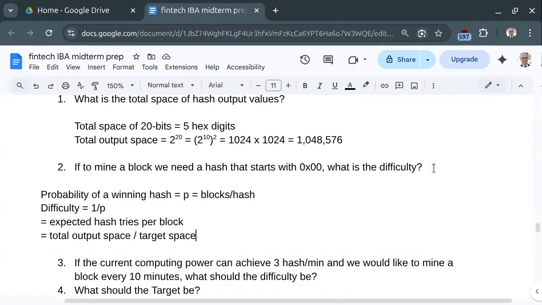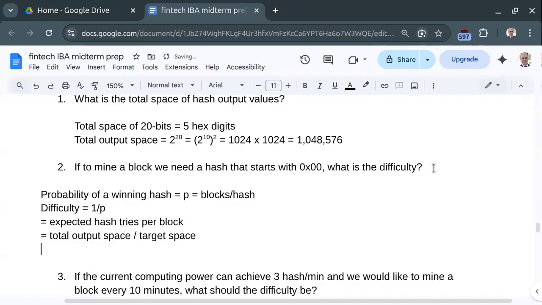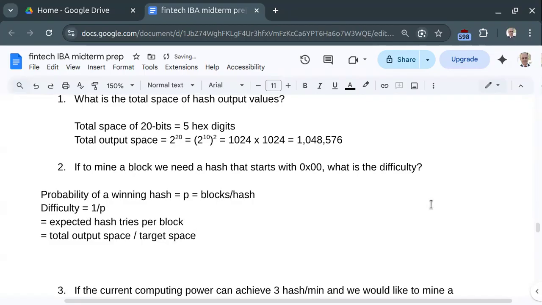Now, in order to answer question number two, we want to find difficulty in a situation where we need to get a hash which starts with two zeros. Okay, well, if a hash starts with two zeros, let me copy here.